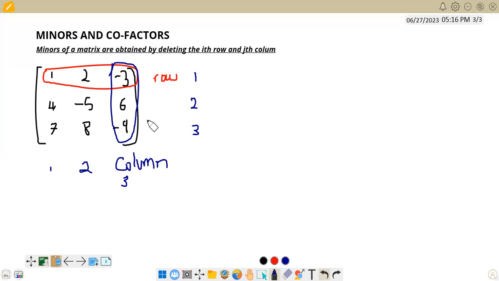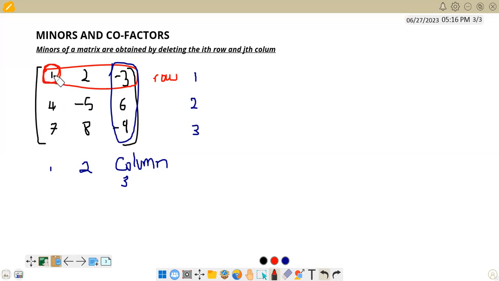So when we want an item from row 1, column 1, we are referring to this number. This element here is in row 1, column 1.